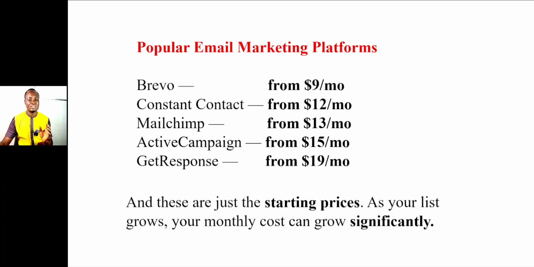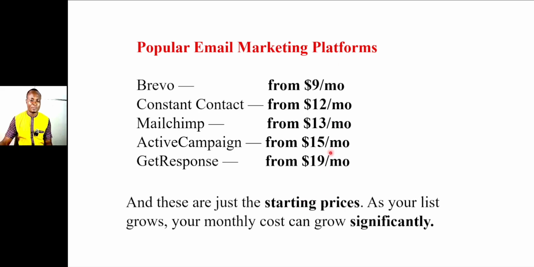Now let us see some of the popular email marketing platforms and how much they charge for a month. We have Brevo, which is the cheapest among them here, at $9 per month. We have Constant Contact from $12 per month, Mailchimp $13 per month, and a whole lot of them. And this is just the entry price.